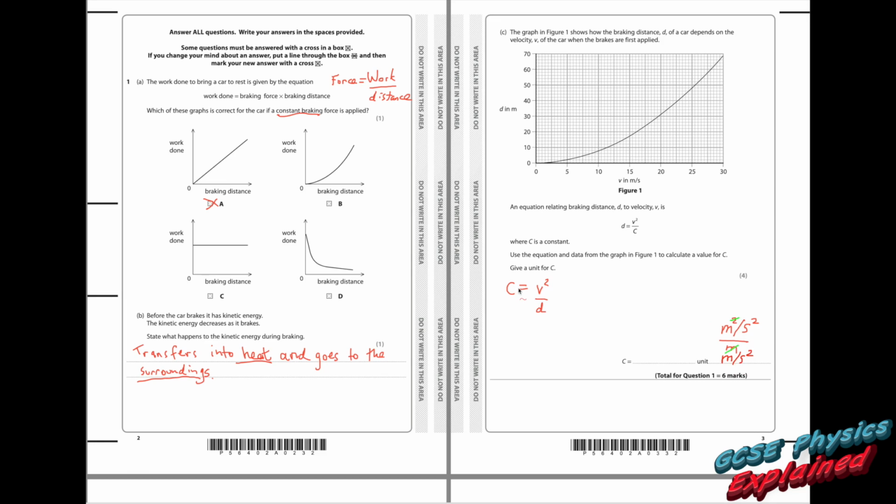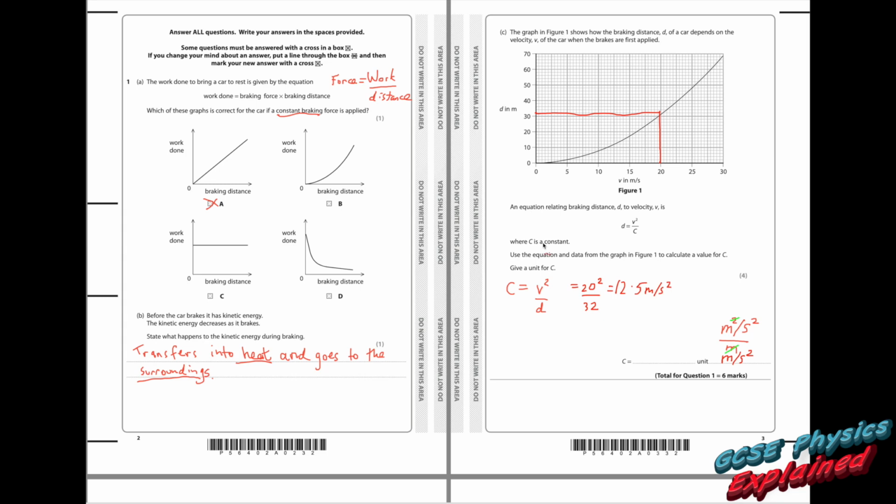Now if we pick some values, well, that looks like a nice convenient value. You can see that d is 32 and v is 20. So if we pop that in, that equals 12.5.